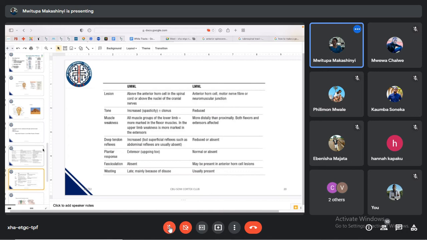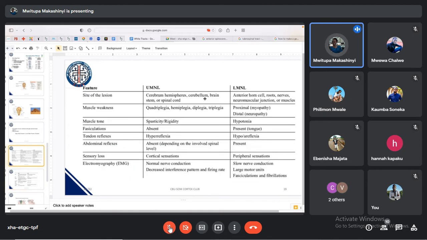Like I said, we had this question in our physiology sessional, if I remember correctly, and it was worth 10 marks. So here's a table, two tables of some of the differences that can be highlighted when we are asked what the difference is between a lesion on an upper motor neuron and a lesion on a lower motor neuron.